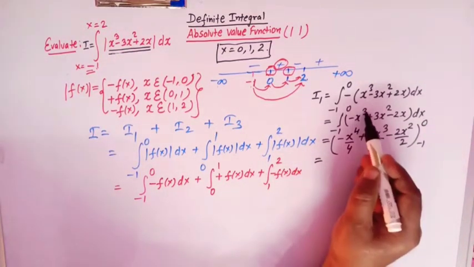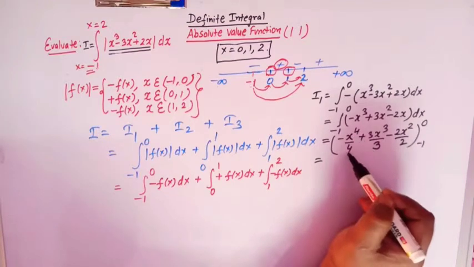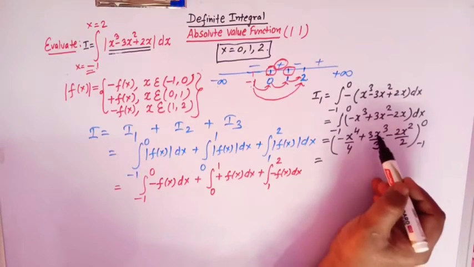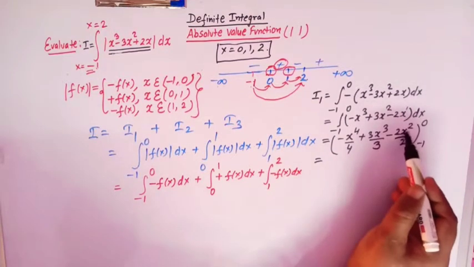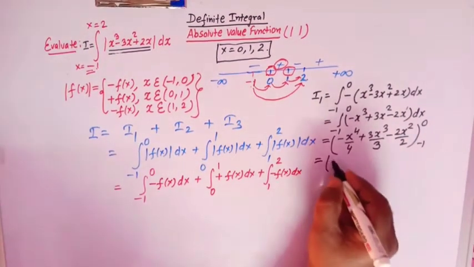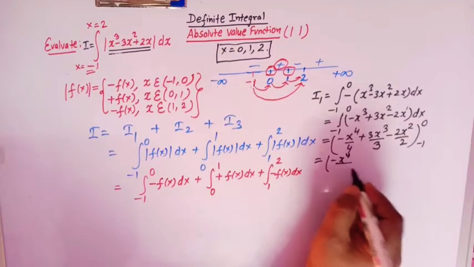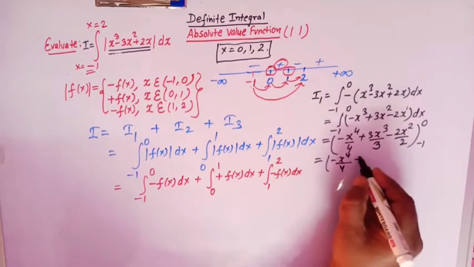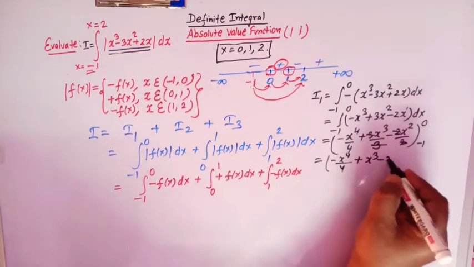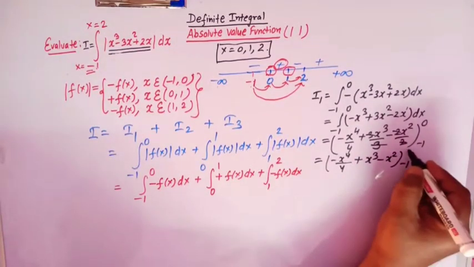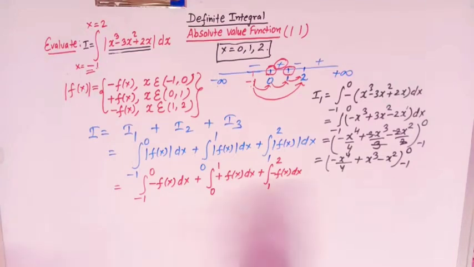So the integral of x cube is x raised to 4 over 4, x square is x cube over 3, and x raised to 1 is x square over 2. So now we can rewrite it as x raised to 4 over 4 plus x cube, and then we have minus x square, and the limits are from -1 to 0.